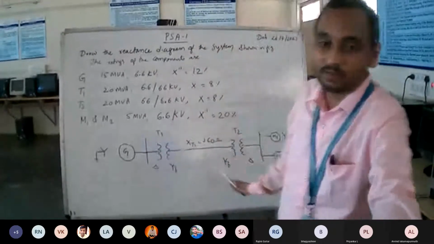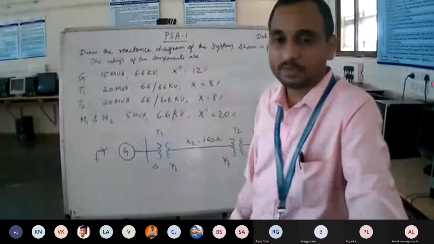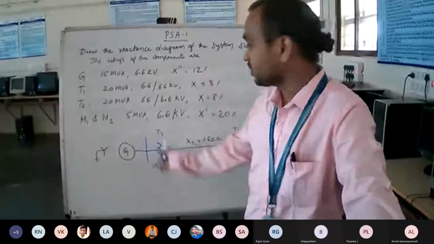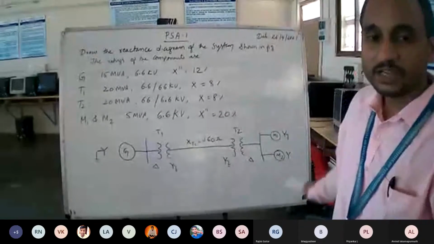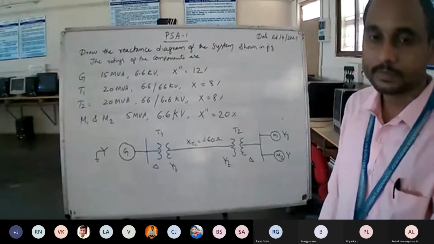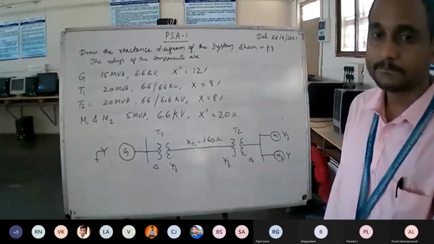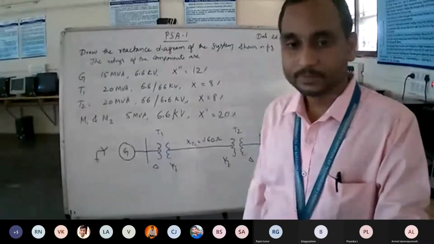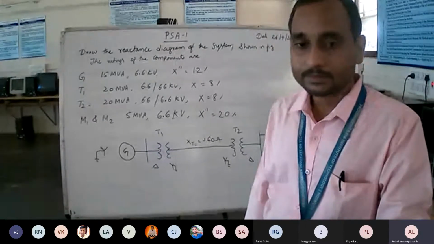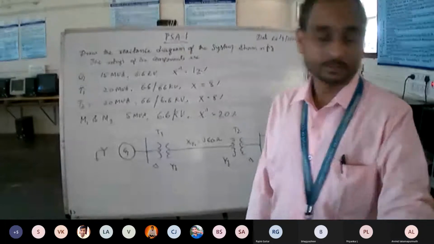Suppose no base value is given, then you can choose the base value, for the LT side and similarly for the HT side. Are you following?